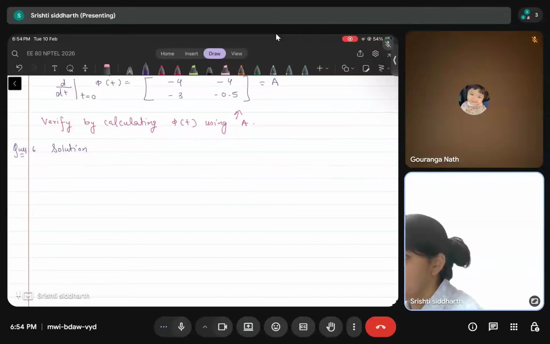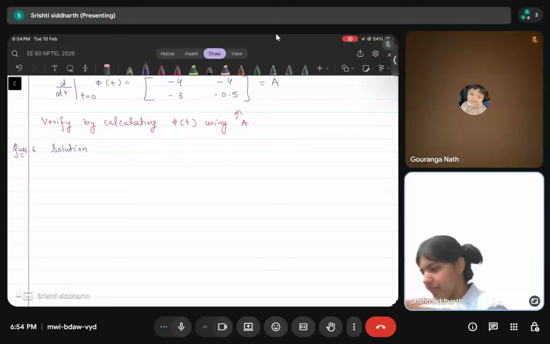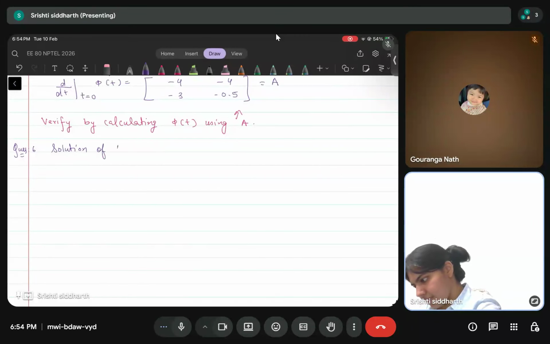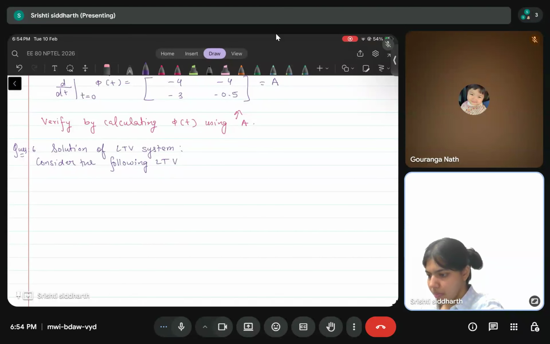Okay, so consider the following time varying system, a linear time varying homogeneous system. So we're not considering any input.